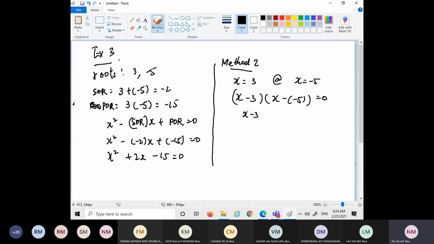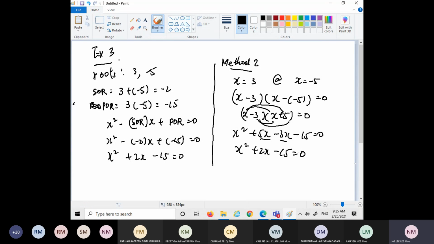So (x minus 3)(x plus 5) equals 0. Then you do expansion. This and this, x squared; this and this, plus 5x; this and this, minus 3x; this and this, minus 15, equals 0. Group the like terms, and we get x squared plus 2x minus 15 equals 0.